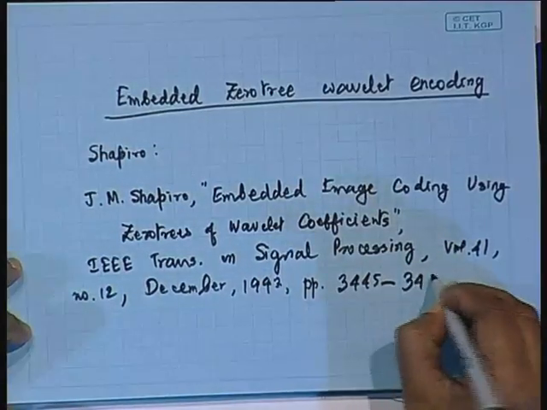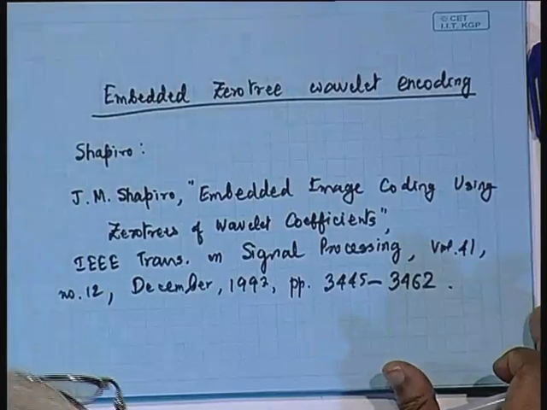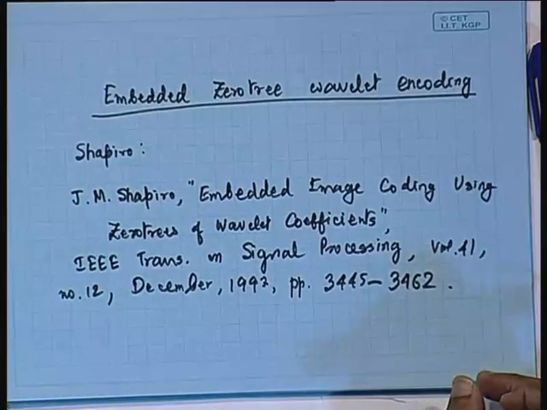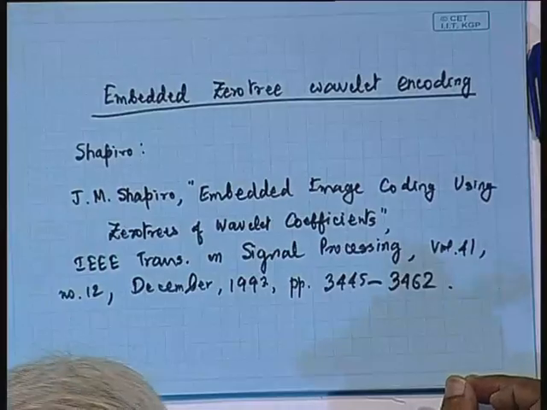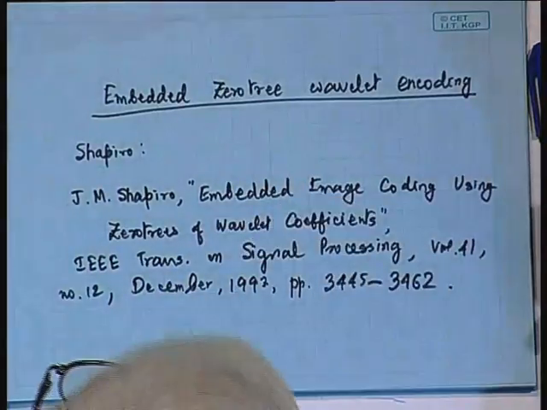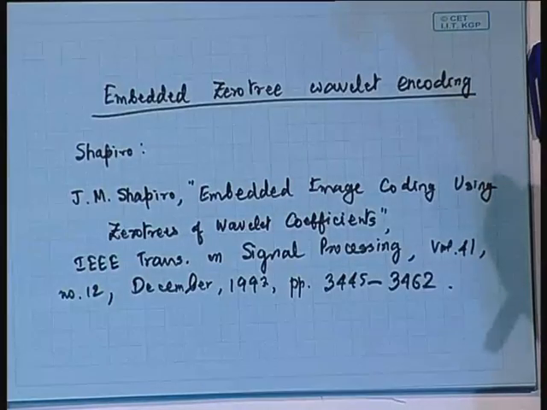So, the paper is actually a 17 or 18 page paper, fairly long one, but after you listen to this lecture, it will be quite instructive to go through this paper and have a more detailed feeling.